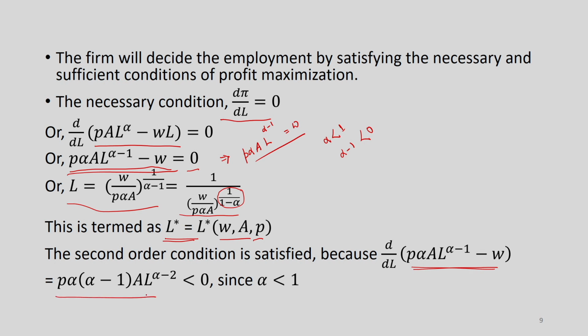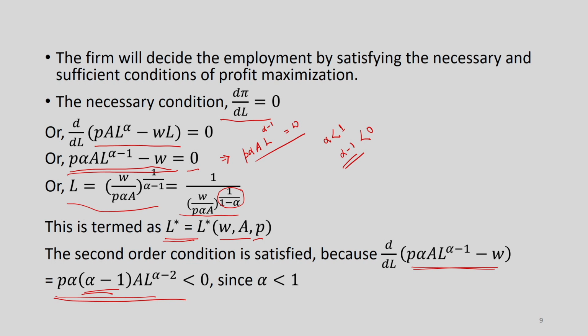The second derivative is p alpha (alpha minus 1) A L to the power alpha minus 2, and this is less than 0, because alpha minus 1 is negative. That is the second order condition, that the profit function should be concave, and the profit function here is concave if you have the second derivative to be negative.